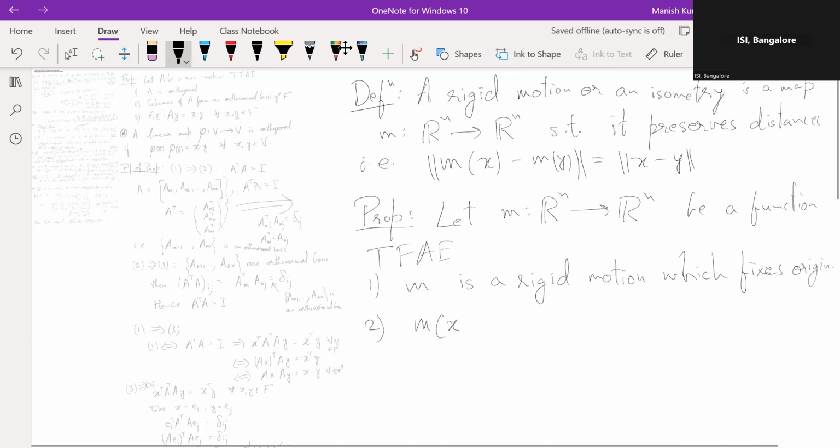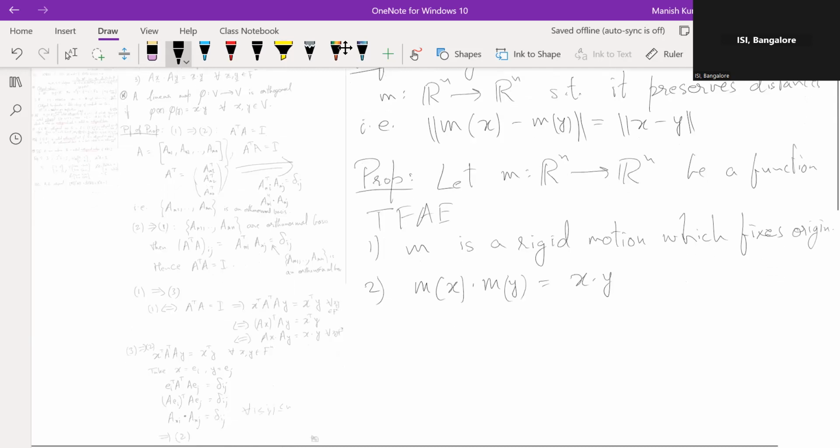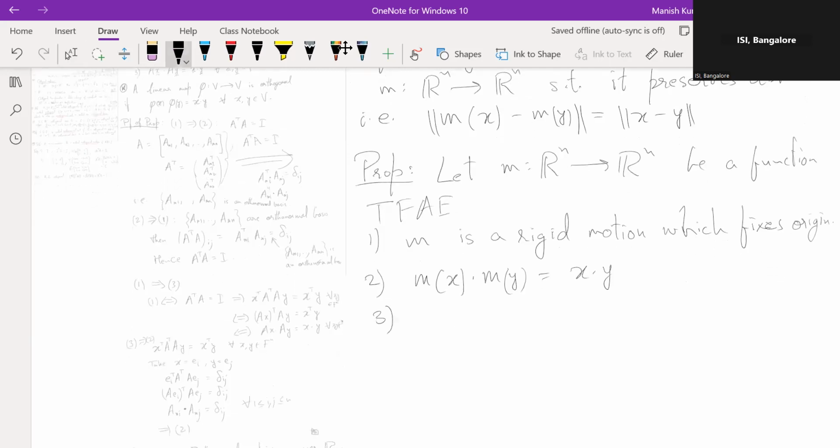Two: the inner product between Mx and My is the same as the inner product between x and y. Yeah. And three: M is a linear map. So see, we haven't assumed anything more or less, right?